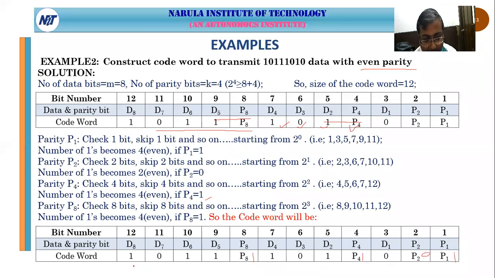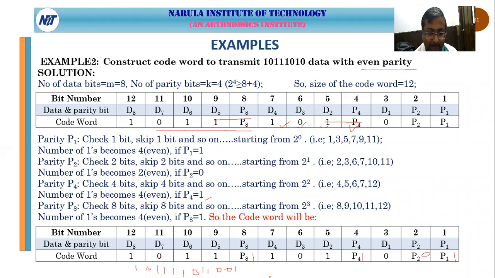So what will be the total word? 1, 0, 1, 1, 1, 1, 0, 1, 1, 0, 0, 1. So this is the total 12-bit Hamming code. Clear? So this is the encode method.